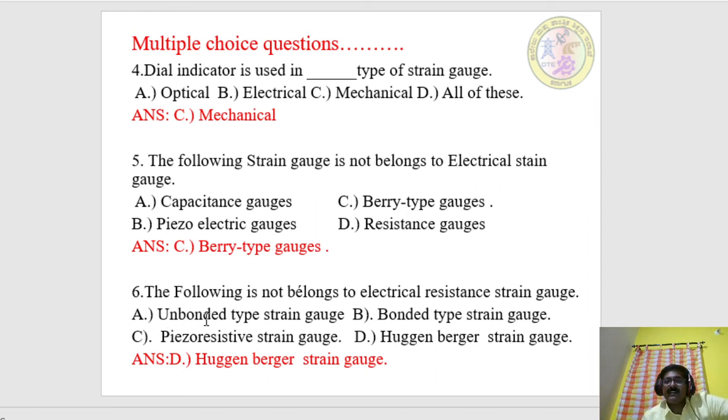Here, these three are electrical strain gauges: unbonded type, bonded type, which is again classified in 2 different ways, foil type and wire type, and piezoresistive type or semiconductor type. Now the Huggenberger strain gauge is a mechanical strain gauge, which is also a Berger type, we say, right? Then definitely the Huggenberger strain gauge does not belong to electrical strain gauge. Answer is D.